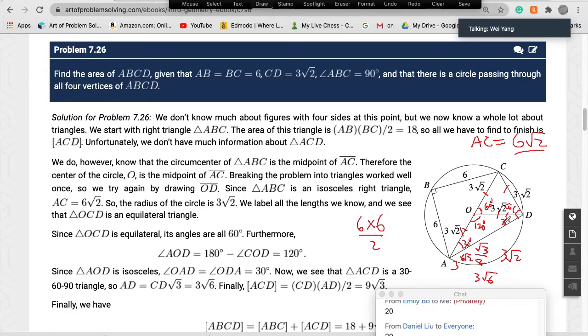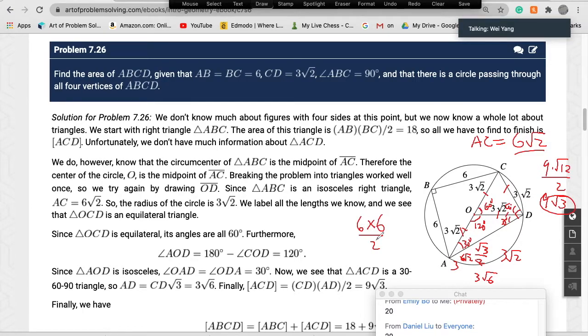So AD times CD equals 3 root 6 times 3 root 2. So you get 9 root 12, then divided by 2. Taking a 2 out of the root, that will be 9 root 3. This is the area of triangle ACD.